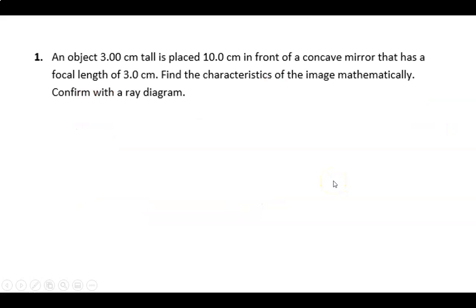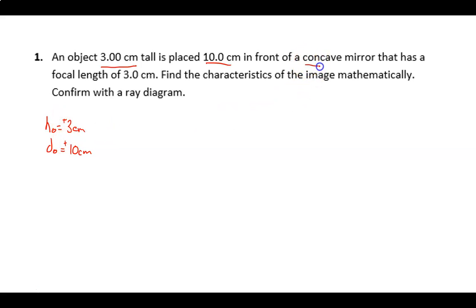So let's take a look at where some of these mathematical problems would come into play. If we've got a 3 centimeter tall object, so HO is 3 centimeters, placed 10 centimeters away in front, so DO is 10 centimeters. And because they're objects, they're both positive.